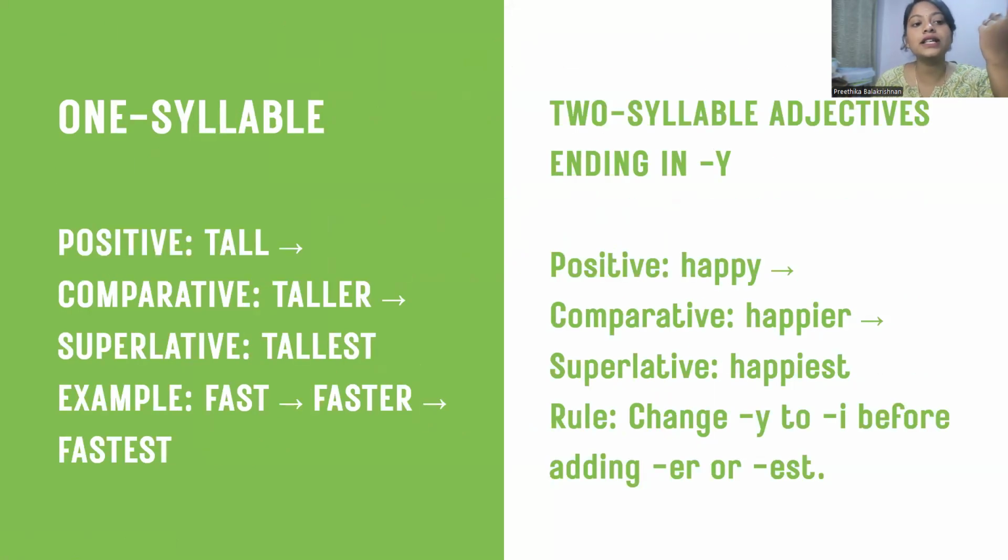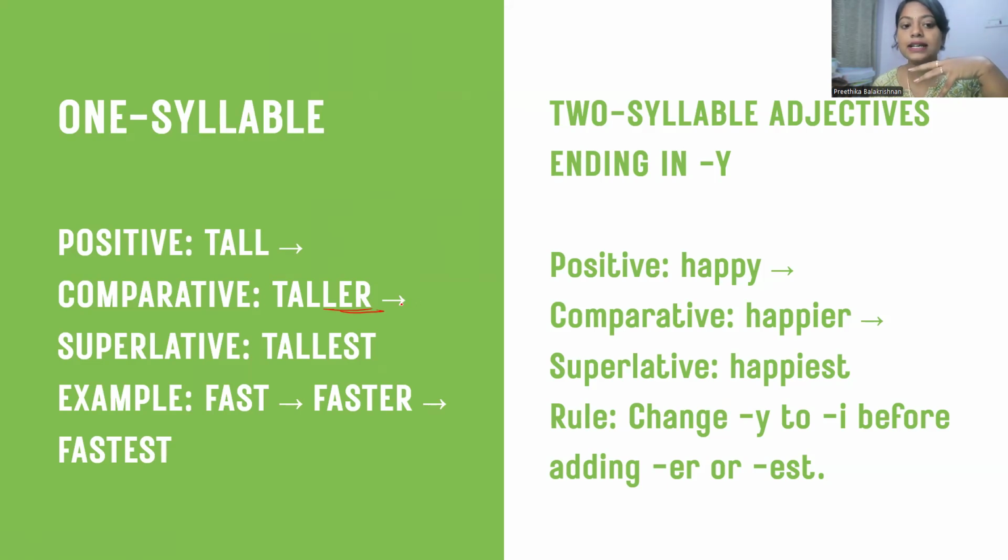Okay, so the first one, one syllable, talks about the positive degree, comparative degree and the superlative degree. We are going to express everything using the positive, comparative and superlative degrees. One syllable basically talks about monosyllabic words. That is, it ends with a vowel sound. Okay, so here, for positive we say tall, for comparative er.